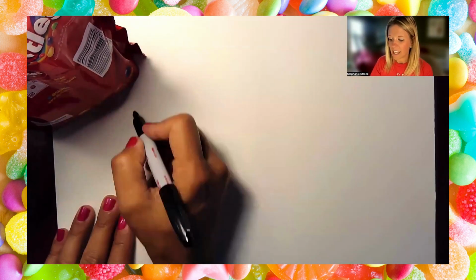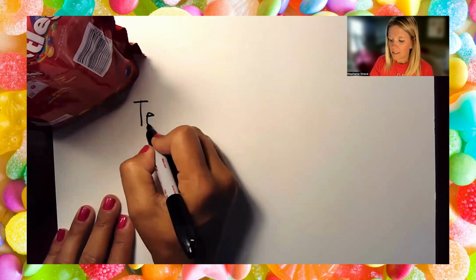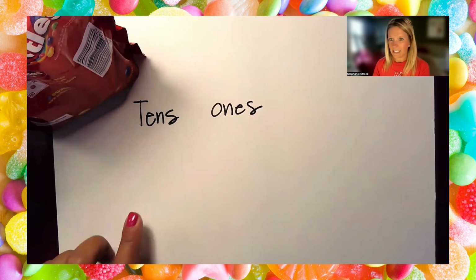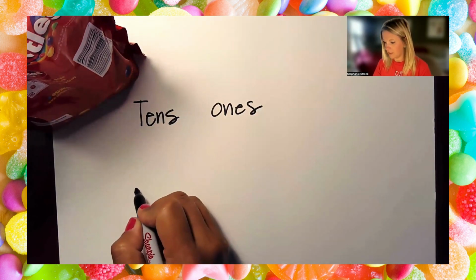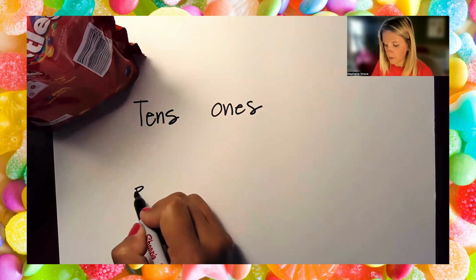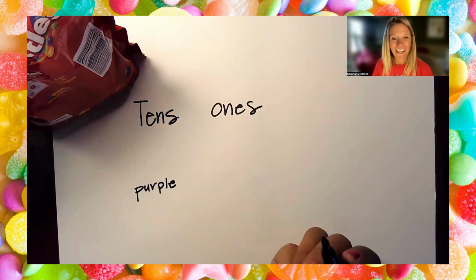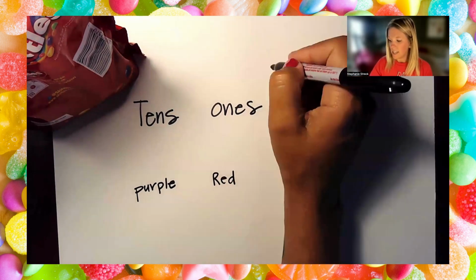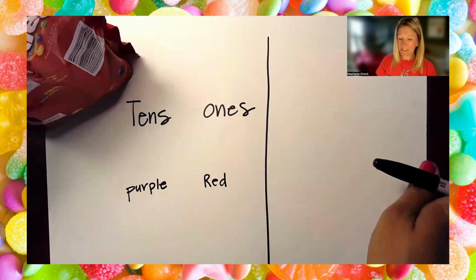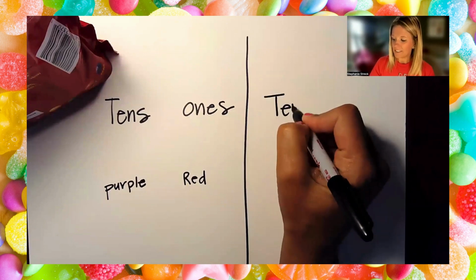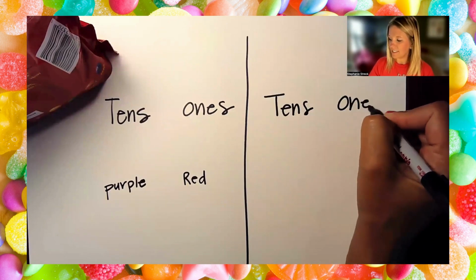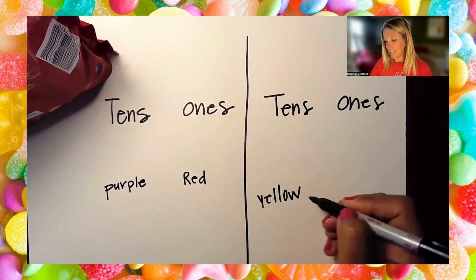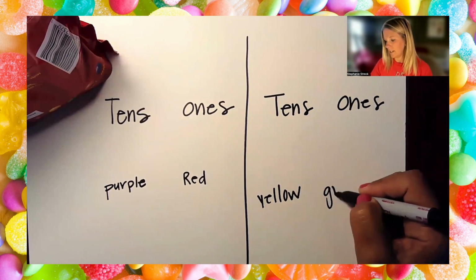So we might say that if we have purple, that's going to be tens. If we have red, that's going to be ones. And then maybe I'm playing against you, and your tens and ones are going to be yellow and green.